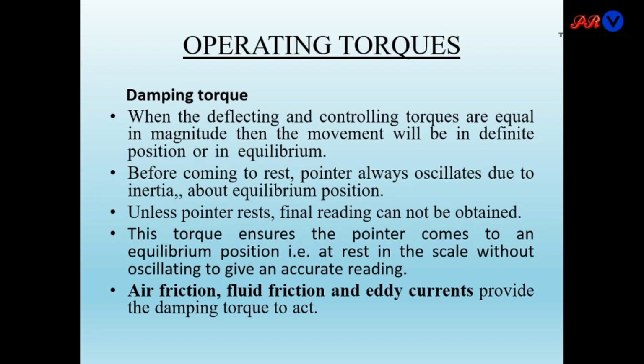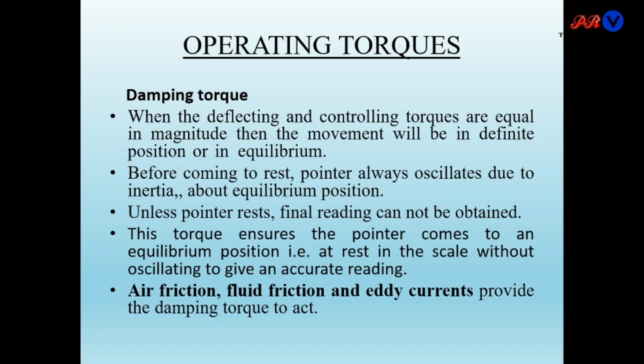So this signifies that before the pointer settles to rest, it will oscillate around its final value or equilibrium. Unless the pointer rests, the final reading cannot be obtained, because if your pointer is moving on the scale, you cannot find the exact value of the measurement.